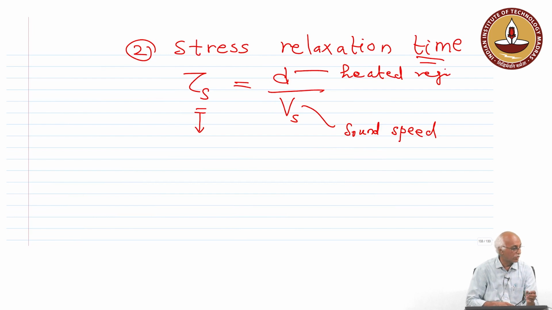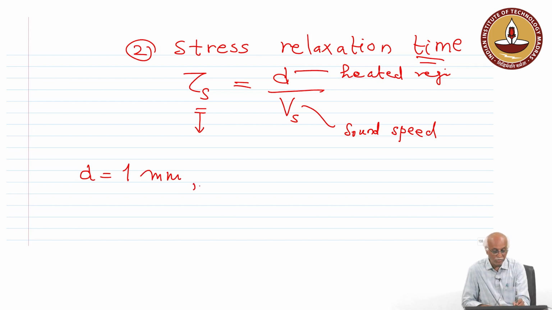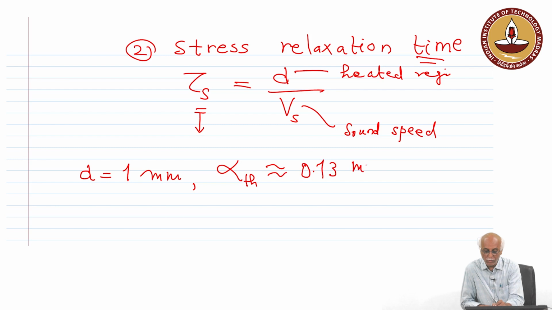One example, which I have taken from the book: let us say the tissue sample which is getting heated is of the order of 1 millimeter, and for our body tissue sample, using the parameters thermal conductivity, specific heat, etc., the thermal diffusion alpha is approximately 0.13 millimeter square per second.